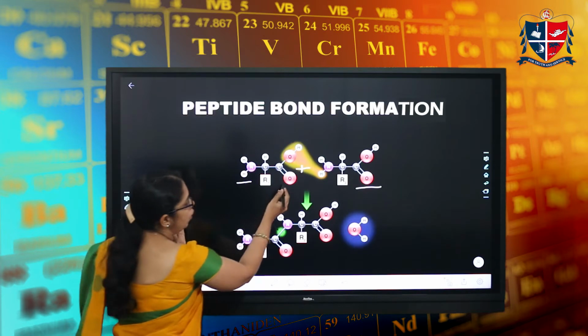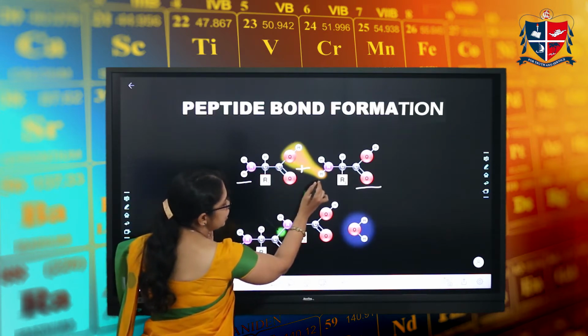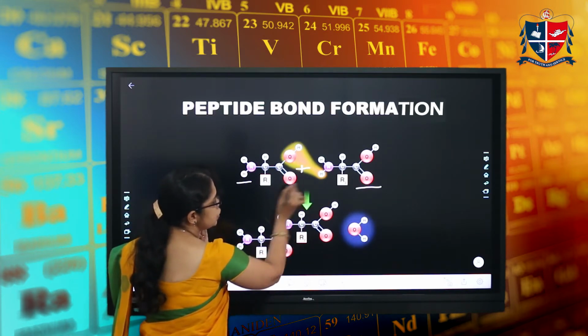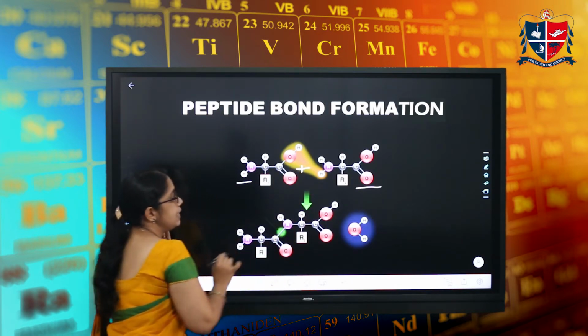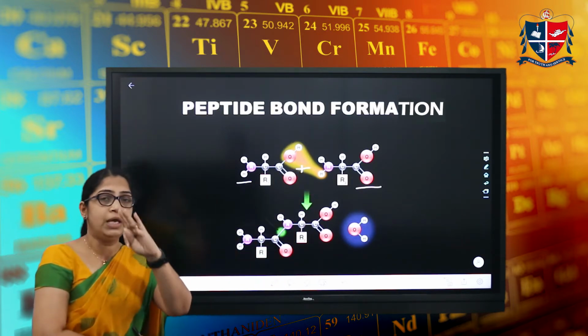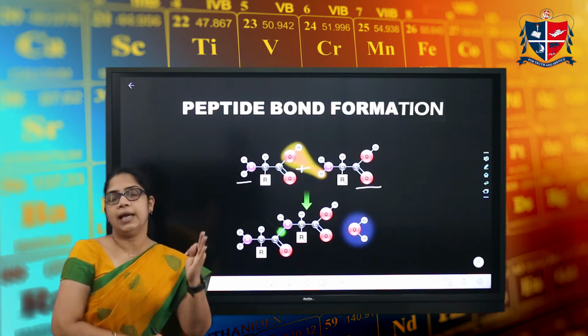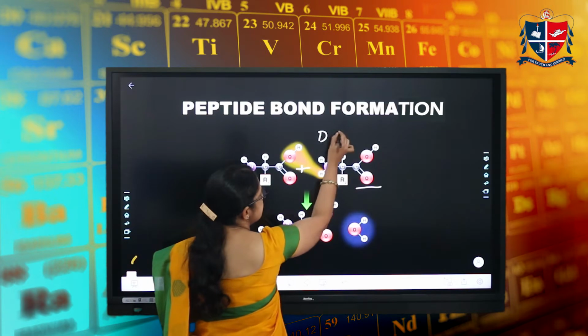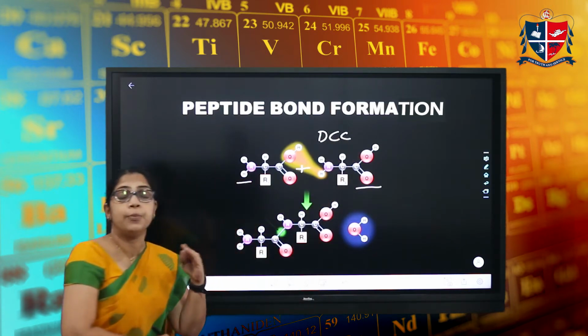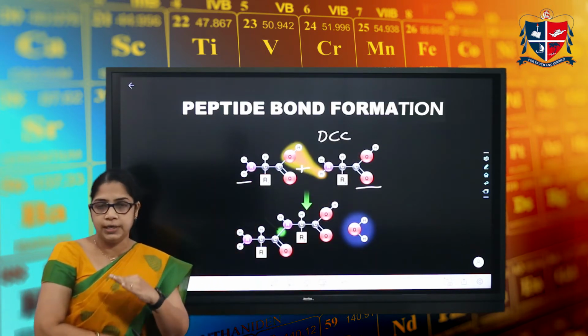Then only this COOH and NH2 are left, and water can be easily removed if we use a suitable reagent like DCC. DCC means dicyclohexylcarbodiimide. That is a dehydrating reagent.